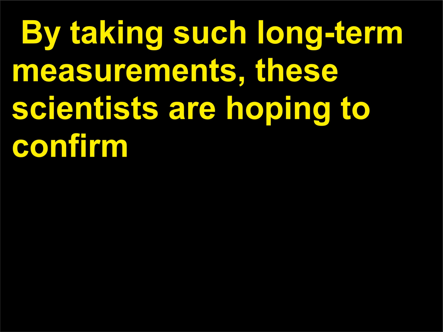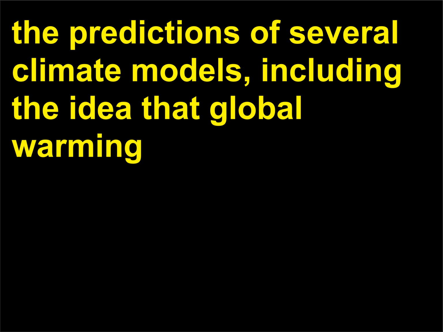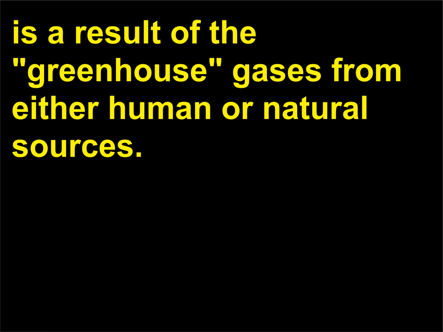By taking such long-term measurements, these scientists are hoping to confirm the predictions of several climate models, including the idea that global warming is a result of the greenhouse gases from either human or natural sources.